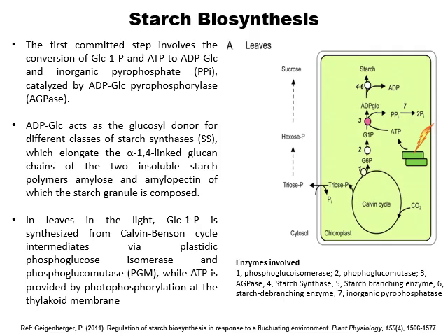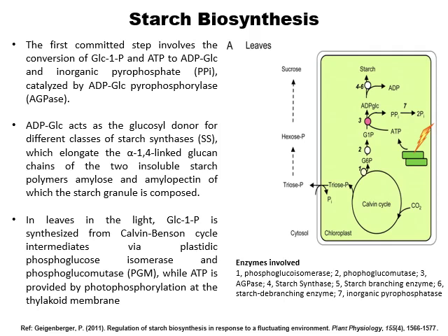Now ADP glucose acts as the glucosyl donor for different classes of starch synthases. There are many types of starch synthases present in plants, which elongate the alpha-1,4 linkages in the glucan chain of the two insoluble starch polymers, amylose and amylopectin. If you remember, this linear chain was amylose.